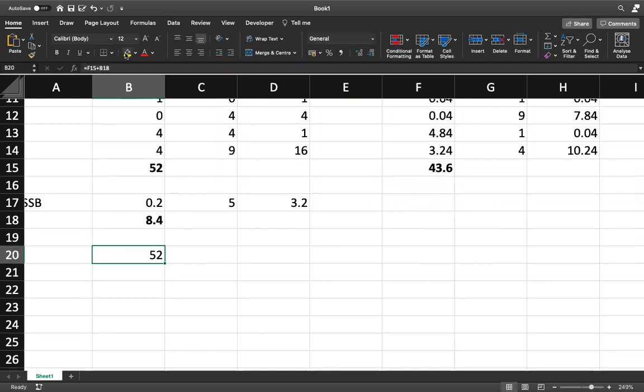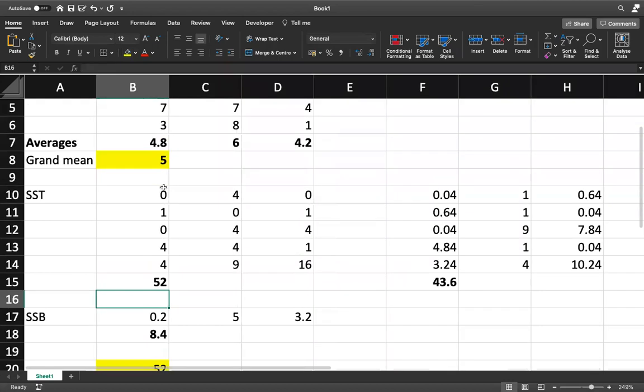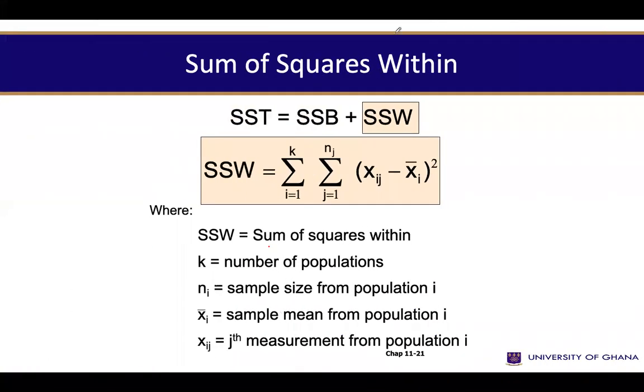It should give us 12. If this doesn't work, then it means our work would have been wrong. Maybe we made a mistake somewhere if the SSB plus SSW and the SST were not the same. So what it also means is that you just need any two to get the other one.